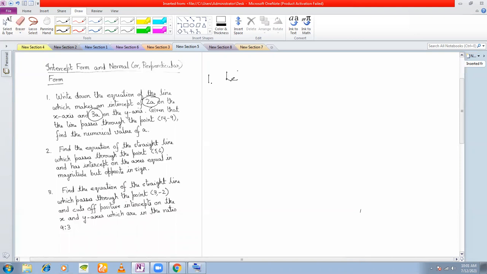So I say let the equation of the straight line be x/2a + y/3a = 1. Let's call this 1.